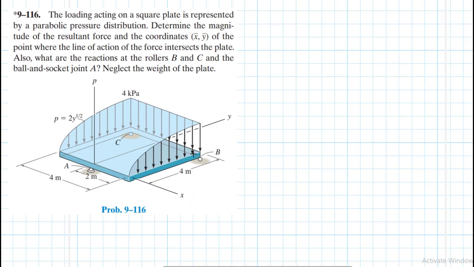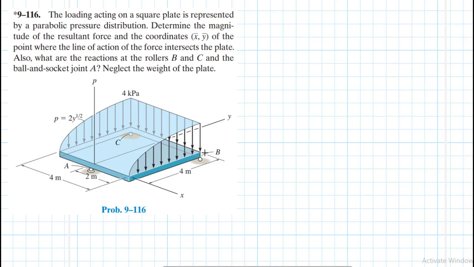Hello, I welcome you all to this another interesting screencast where we are going to be solving this engineering mechanics problem, and it reads: the loading acting on a square plate is represented by a parabolic pressure distribution.